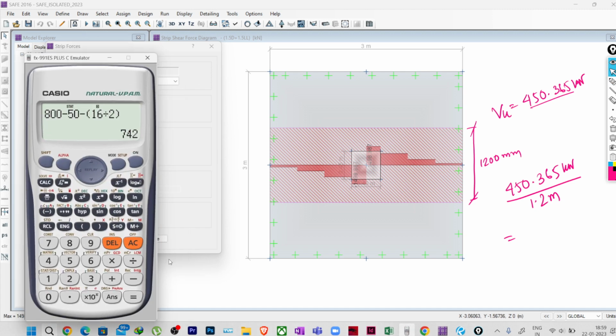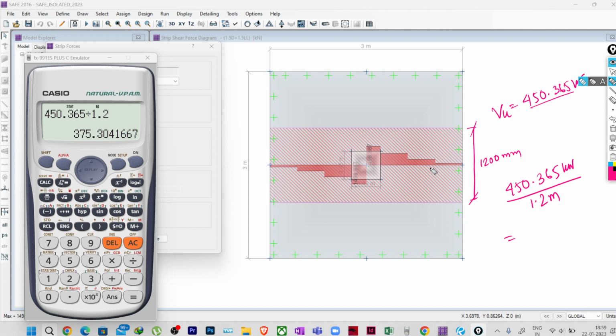Though shear force we get in kilonewton only, here as it is a slab, we need to find out for per meter width. So 450.365 divided by 1.2, that we are getting 375.